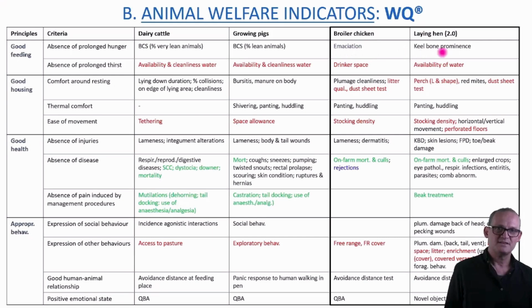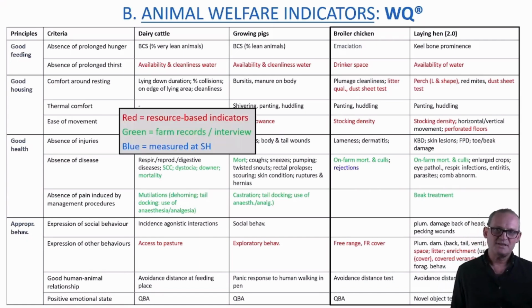For laying hens, the second version of the protocol at least, they will look at the keel bone prominence. And so they try to have indicators for all of these 12 criteria. Although sometimes they have to acknowledge that there's no good criterion available, or it's not relevant to have an indicator for that criterion.